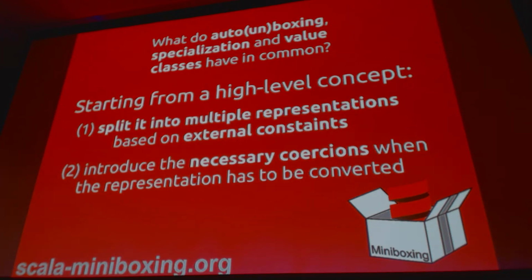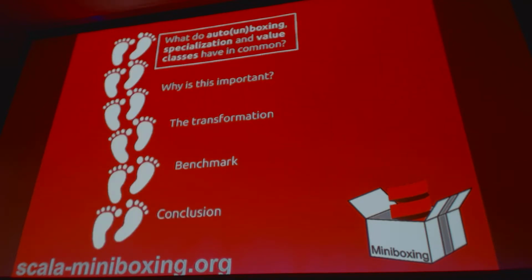Each of the representations fulfills a certain compatibility requirement, like with generics or with methods, and that's important because we're in a language, and the language has multiple features. So each representation has a feature that it will interact well with, and some with which it won't interact at all. And then we introduce the necessary coercions between the representations. Okay, so that's the first time you'll get to see the outline.